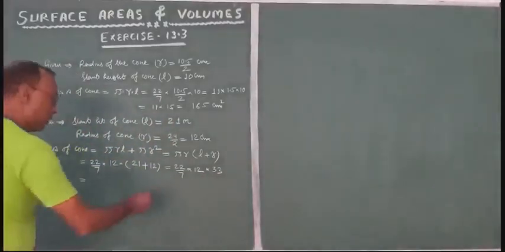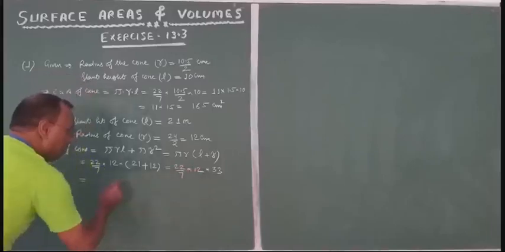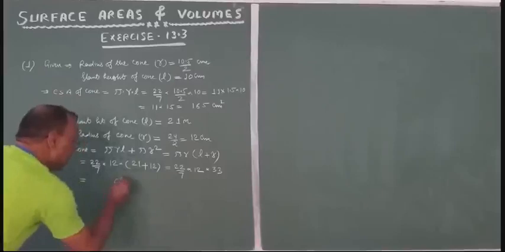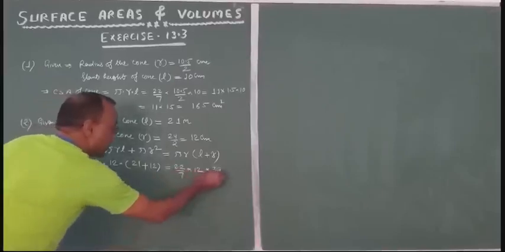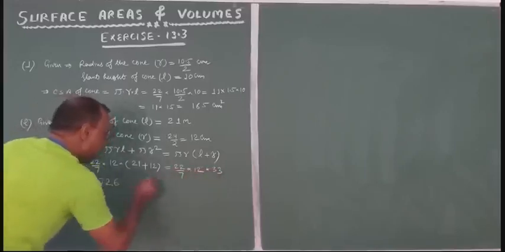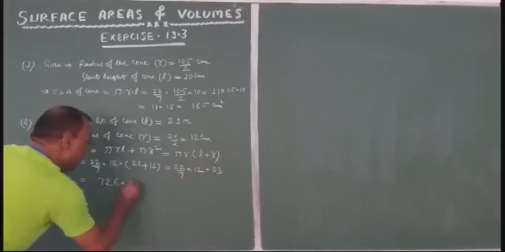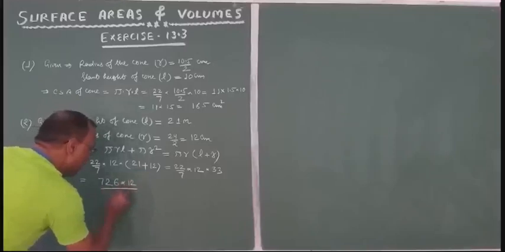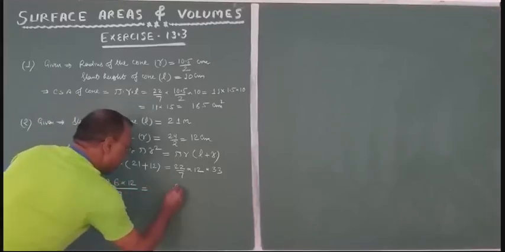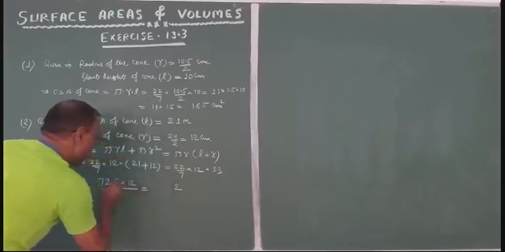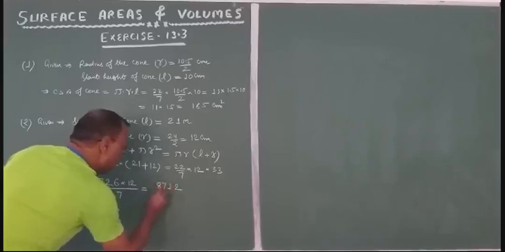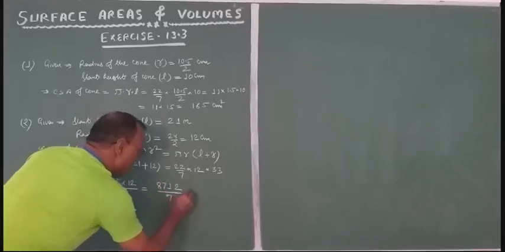You will get 12 into 3, 66, and 6, 726 by 23 into upon 7. You will get 12 6 are 72, 12 2 are 24, 31, and this 87 upon 7.